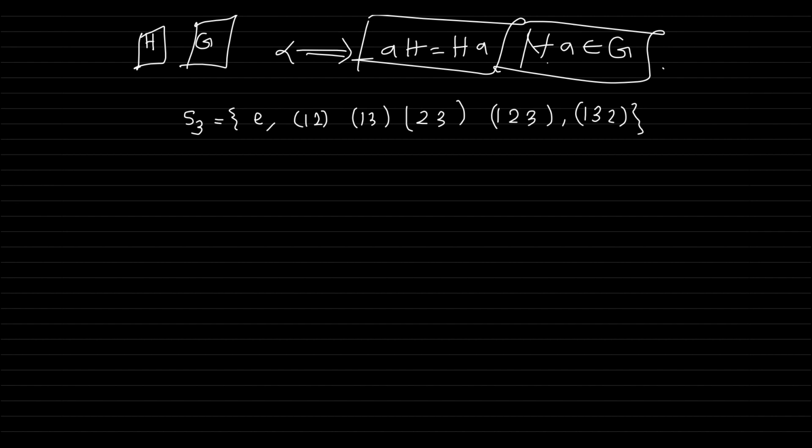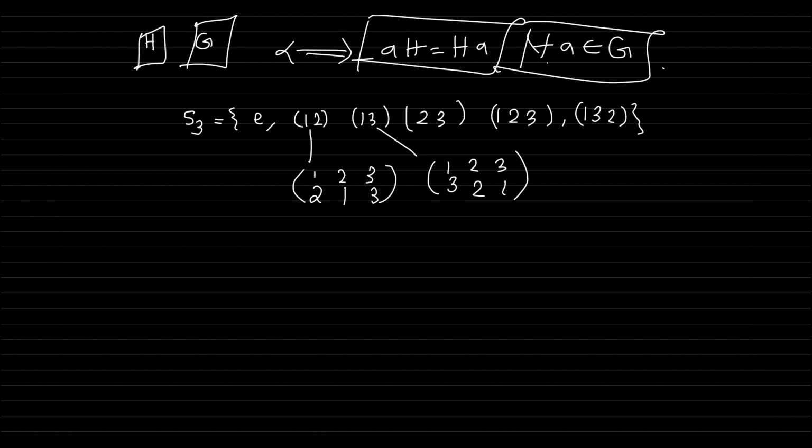Each of these is a bijective function from the set {1, 2, 3} to {1, 2, 3}. And what it means by the cycle (1 2) is that 1 maps to 2, 2 maps to 1 and 3 maps to 3. And (1 3) means 1 maps to 3, 2 maps to 2 and 3 maps to 1.